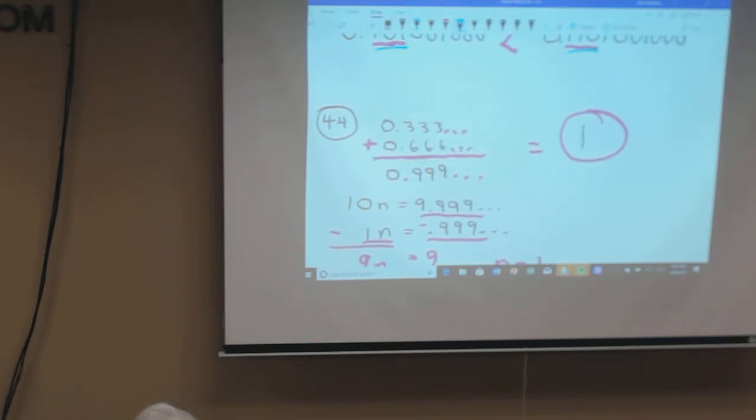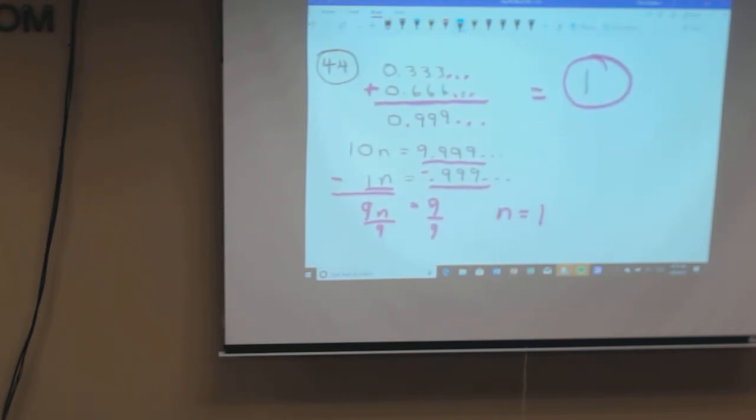If I run it out to infinity, what does it become? 10n is 9.99, 1n is 0.99, 9n is 9, divided by 9, 9 over 9 is 1. Remember that from homework last time, from Friday's homework?